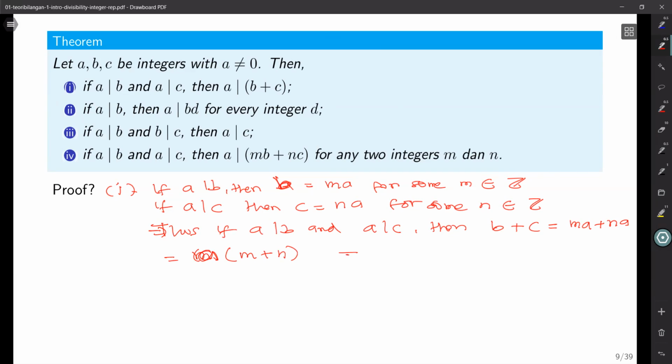That means that A divides B plus C, because B plus C is a multiple of A here. So that's the proof. The rest are similar.